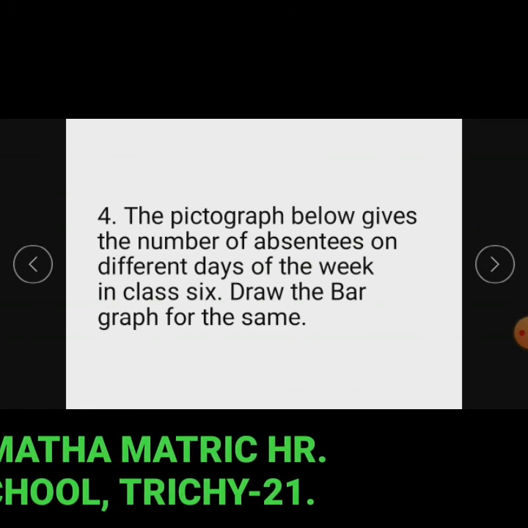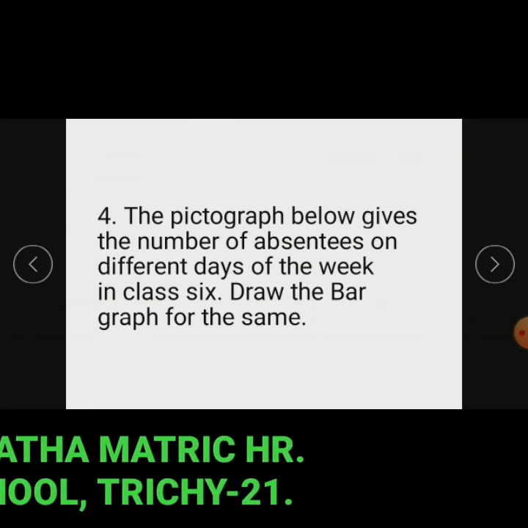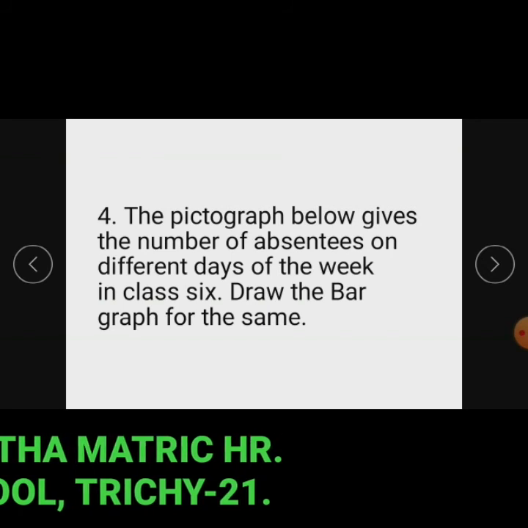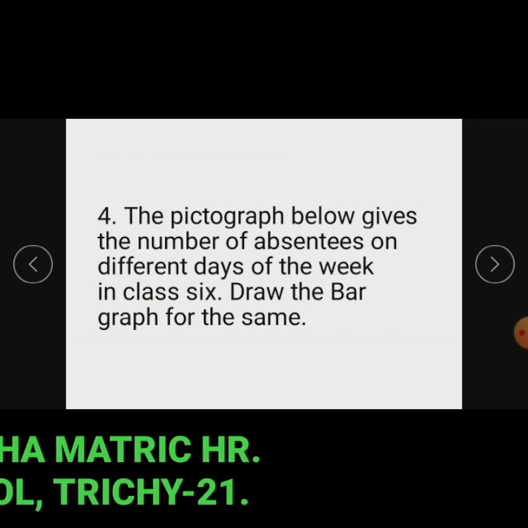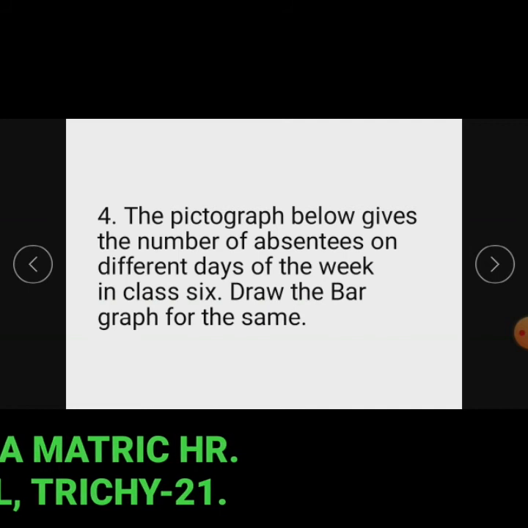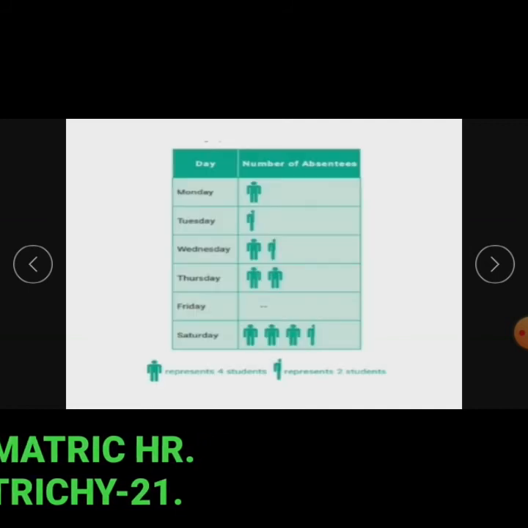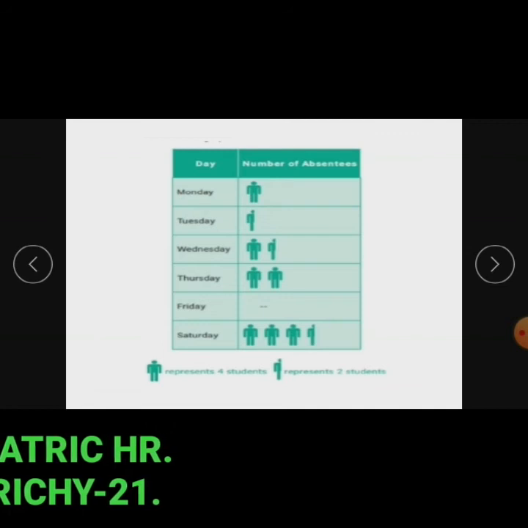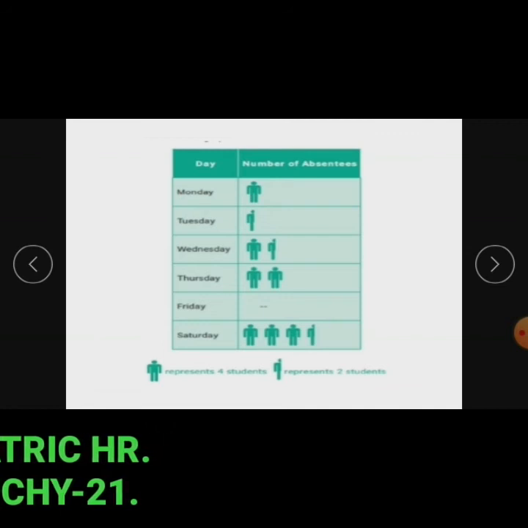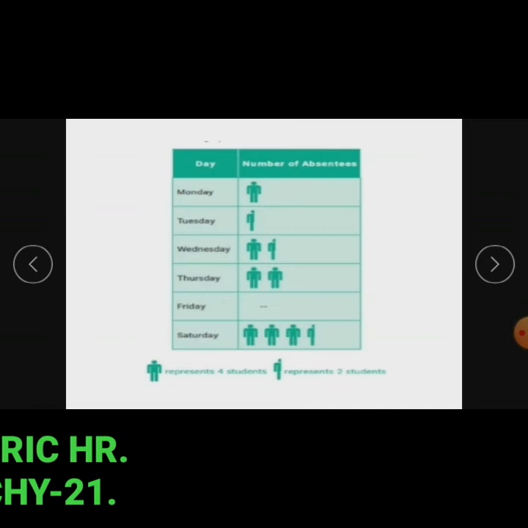Question number 4. A pictograph below gives the number of absentees on different days of the week in class 6. Draw the bar graph for the same. Day and number of absentees are tabulated here. One image represents 4 students, half image represents 2 students.